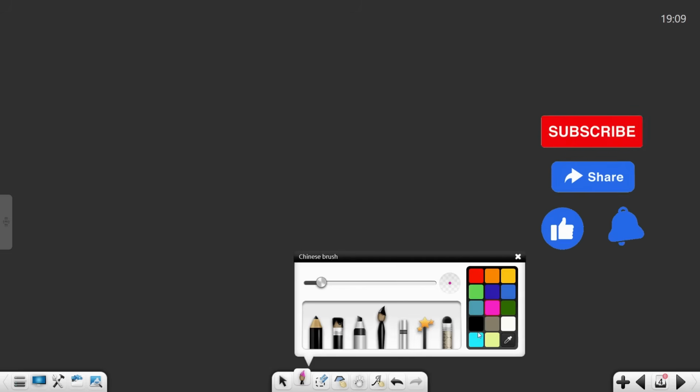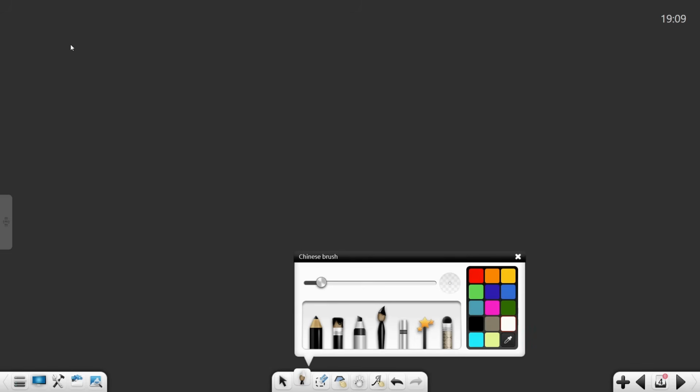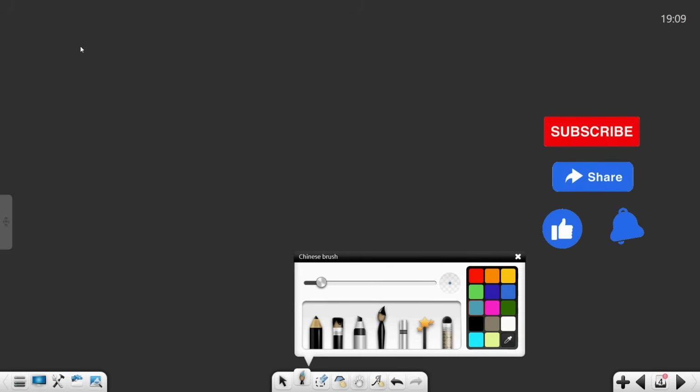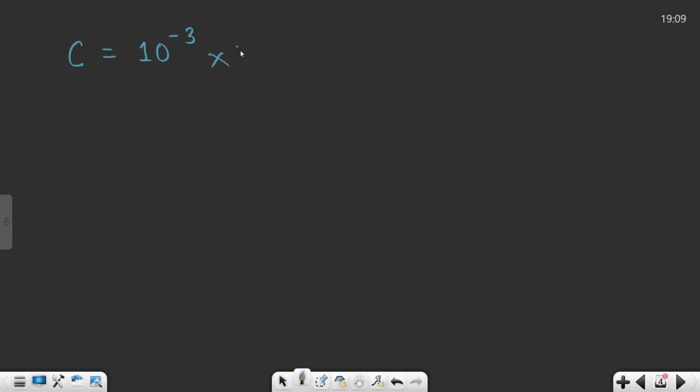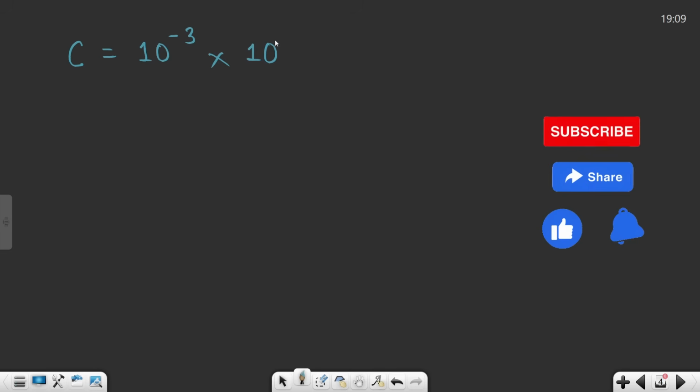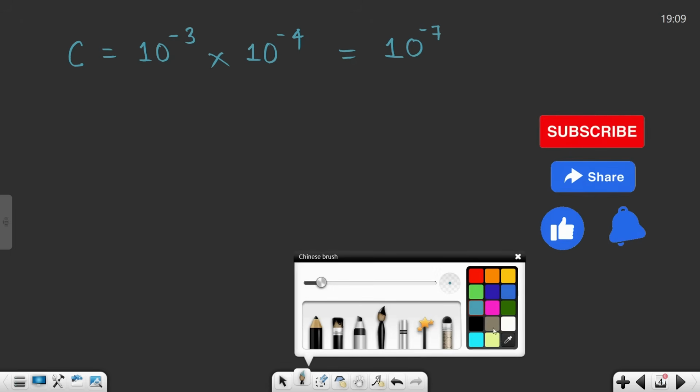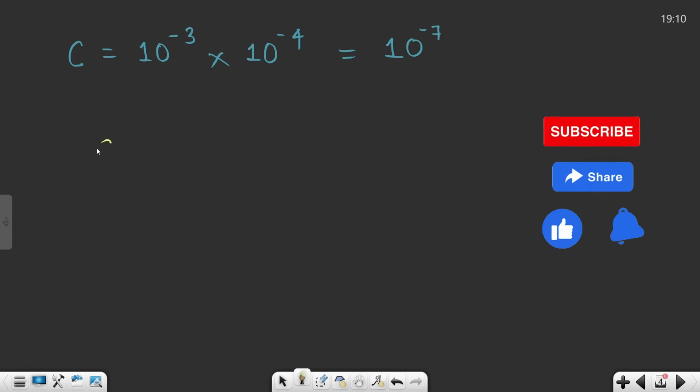So eventually we end up getting the value of the capacitor C equivalent to 10 raised to minus 3 times 10 raised to minus 4, so that is nothing but 10 raised to minus 7, right? Or else I can also write this value as mentioned in the datasheet: my C is equivalent to 10 raised to minus 1 times 10 raised to minus 6.